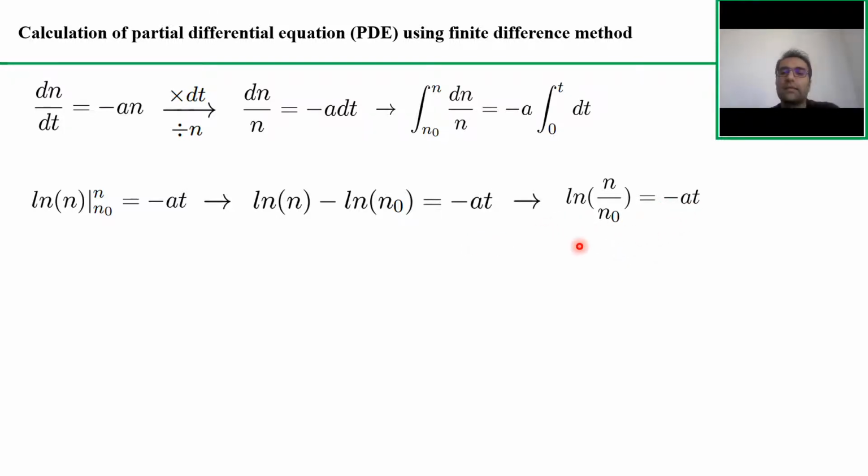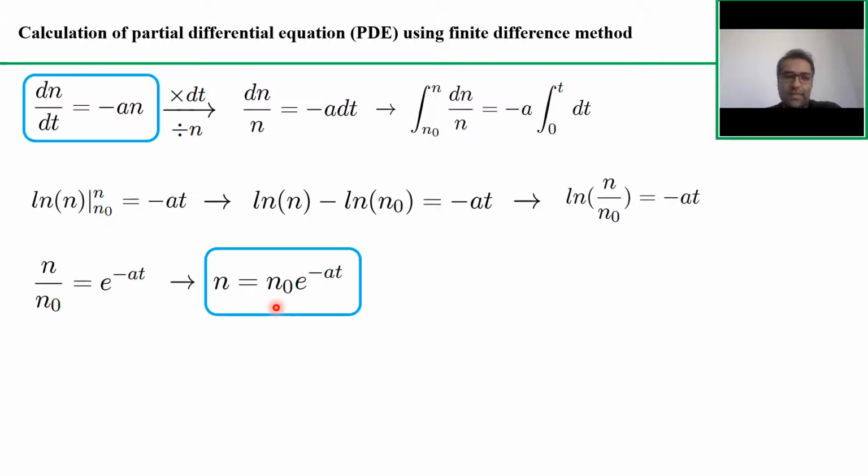If we take the exponential of both sides of this equation, we will have n over n0 equal to e to the minus at. And if I multiply both sides by n0, we will end with this simple equation.